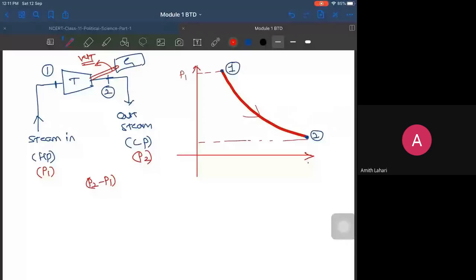During this course of time, it has generated a work output like this, which is known as the turbine work output. So W2 is nothing but work output from the turbine.